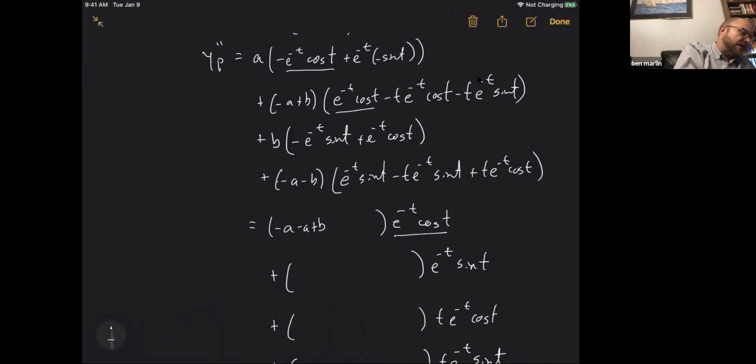And then here, we'll have a plus b. And then from, oh, that's got it, doesn't it? I thought sure we had another of those terms there somewhere.